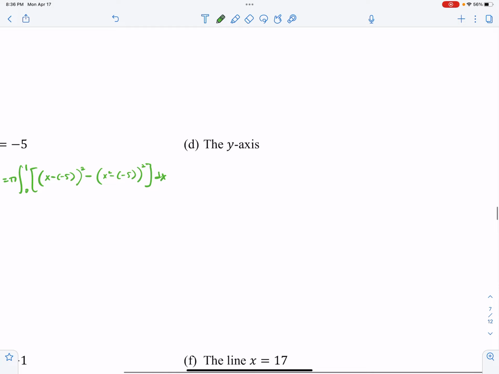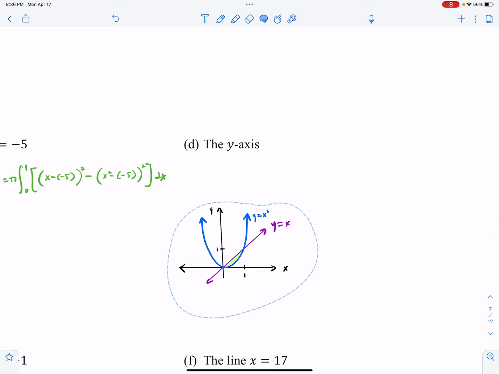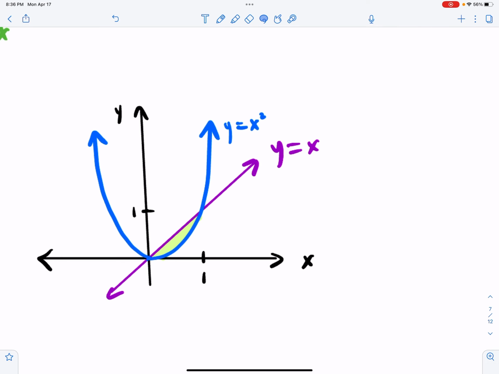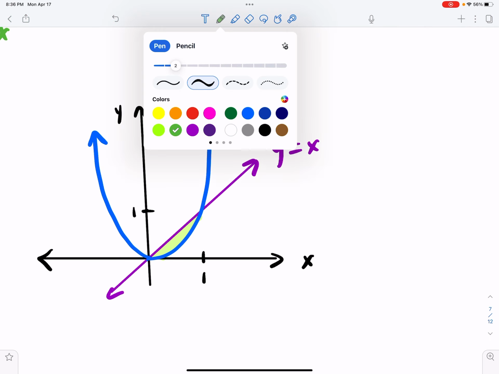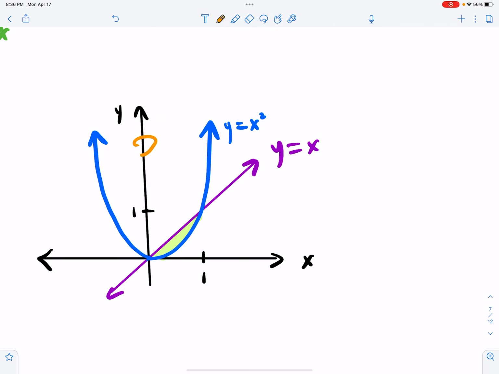And then for around the y-axis, rotating around the y-axis, this one you could kind of, right, look like that.